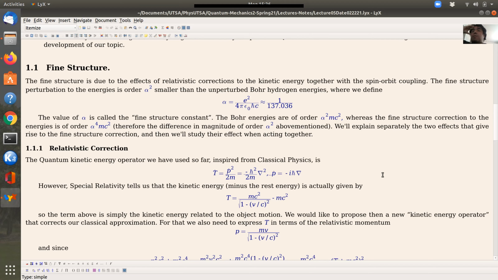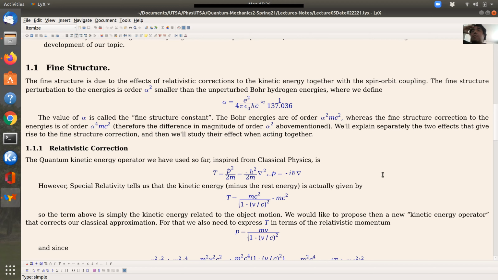So this perturbation is basically of order alpha squared lower than the unperturbed Bohr hydrogen atom Hamiltonian. And alpha is the so-called fine structure constant, which is made of these parameters and is around 1 over 137.